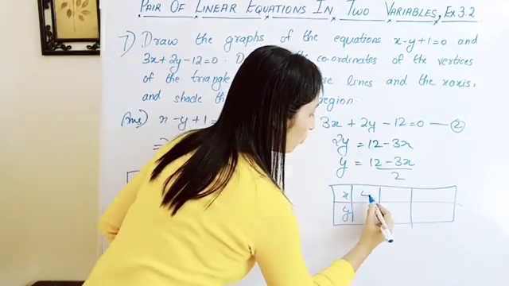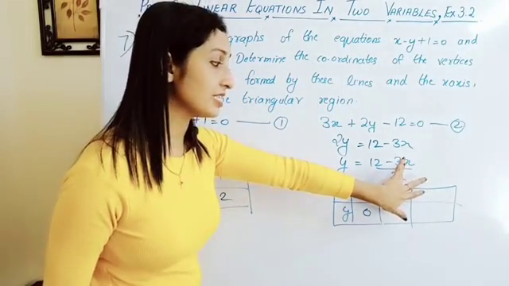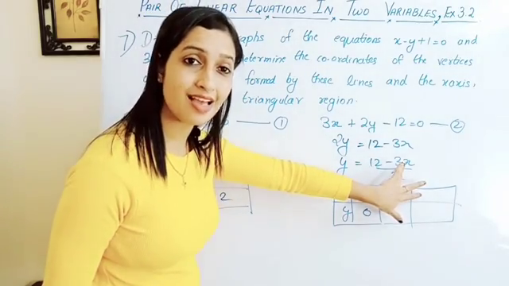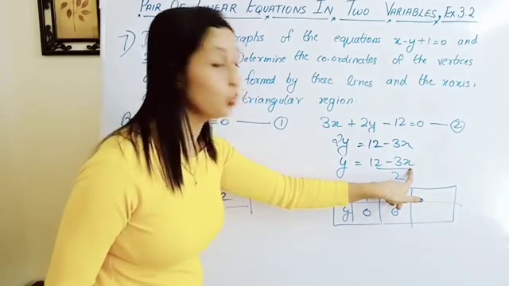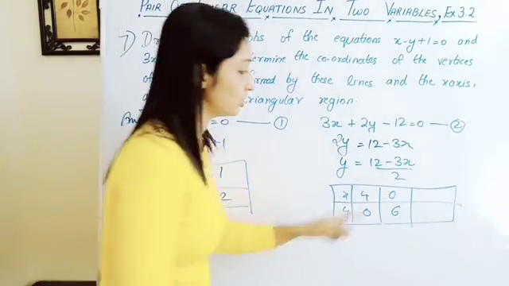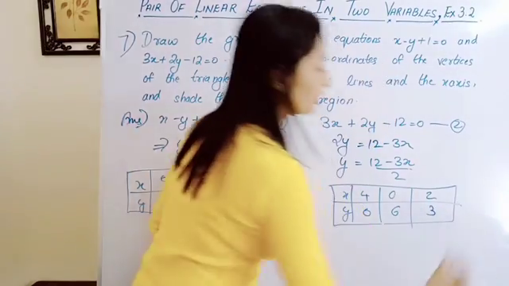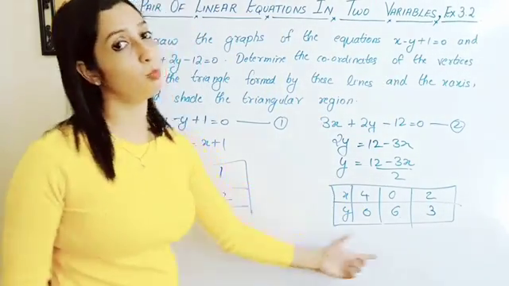I get y as 0. Now when I put x as 0, I get y as 6. Now when I put x as 2, what do I get? 12 minus 6 by 2, which is 3. So I get y as 3. So now I have got the solution set for both equations.